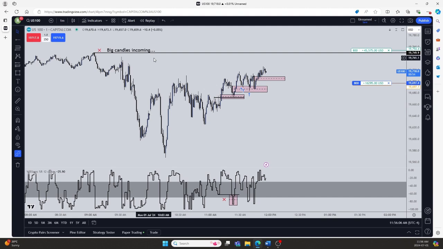This balanced price range here, we do not want to see it get reclaimed. If it does, I think we're most likely going to get stopped.